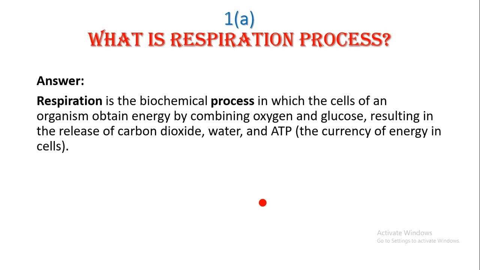Respiration is a biochemical process in which the cells of an organism obtain energy by combining oxygen and glucose, resulting in the release of carbon dioxide, water and ATP, the currency of energy in cells. You can write the same answer for this question. It is a knowledge based question.